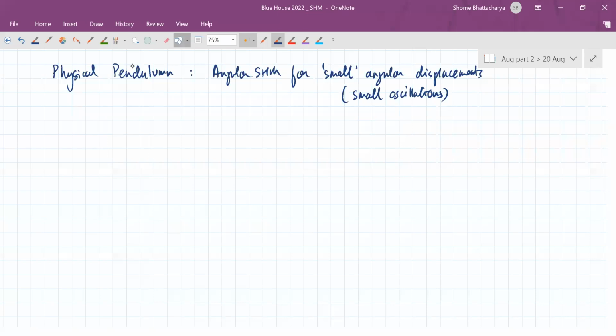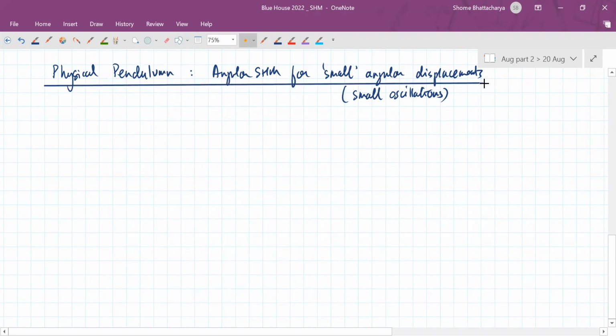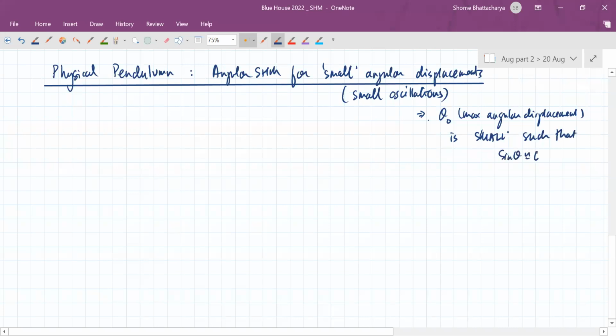What this means is that the maximum angular displacement should be small enough that we can do the small angle approximation. That basically means this approximation can be done.